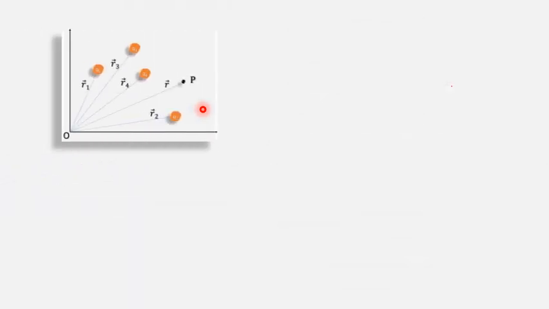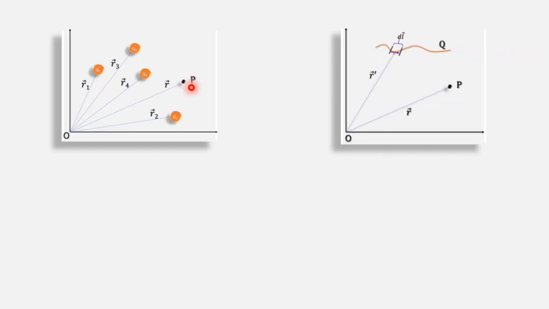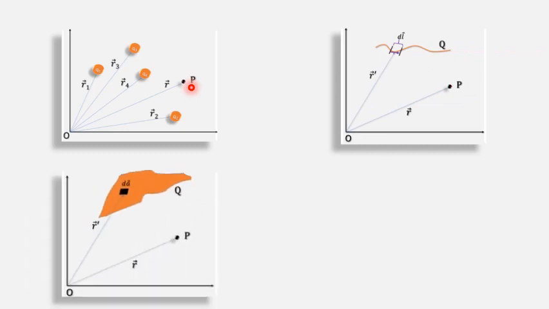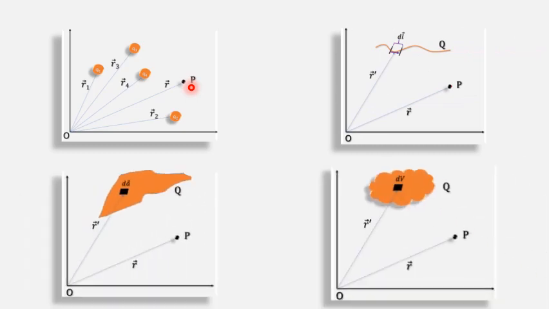One more thing about electric field: once you find the electric field, suppose I have found the electric field at point P, now I know the influence of the surroundings on this point, and I don't need to worry about whether the influence is because of a system of charges, or a line charge distribution, or surface charge distribution, or volume charge distribution, because the electric field has represented the effect.